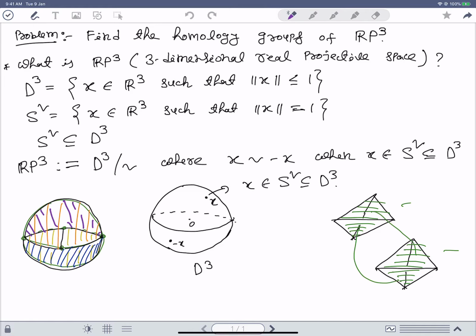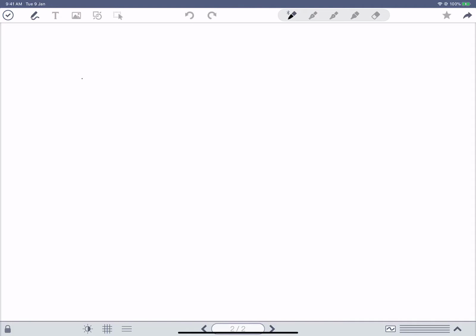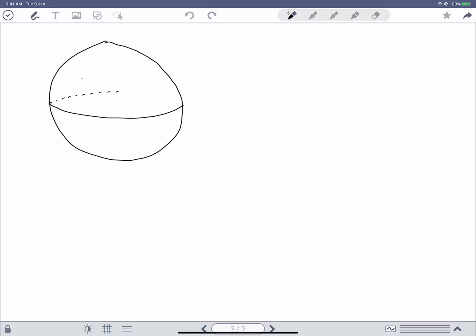That means we are identifying the antipodal points of the boundaries. So we get this one, right? So this is one vertex, this is one vertex. So there will be these two vertices, right? There will be one edge between these.